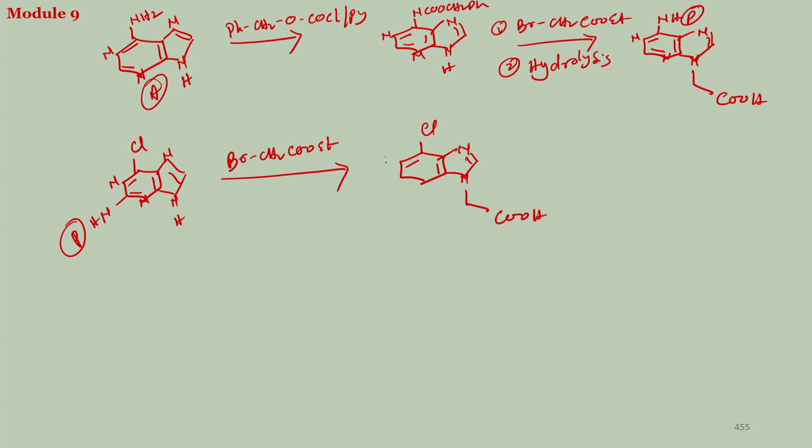You have Cl, nitrogen, NHP protection, and you have N here, and then PhCH2ONa. So, sodium salt of the alcohol, PhCH2O minus basically is an anion. If you do a straightforward hydrolysis, you will have a double bond over here.